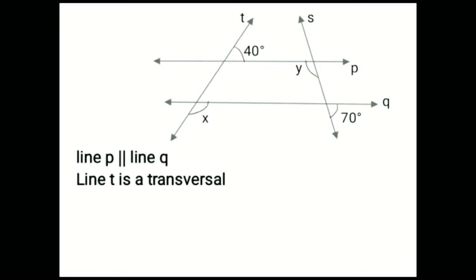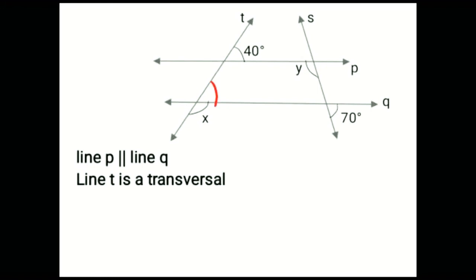Okay. If this angle is 40 degree, so this angle is 40 degree because corresponding angles are congruent. You have already studied corresponding angles in practice set 2.1. If one angle is given on one line, the corresponding angle on the other line should be this one.